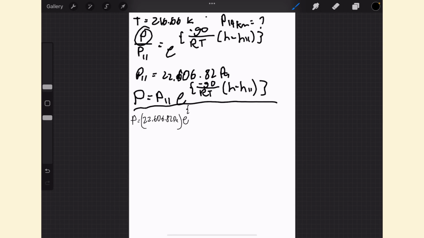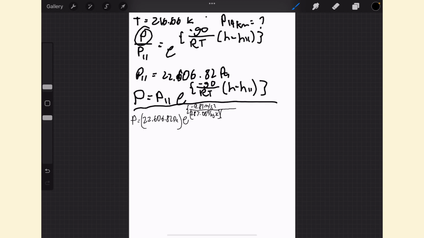Yung ating negative g0 ay negative 9.81 meter per second squared dahil ayun yung ating gravity. Ang gas constant natin na R ay equivalent sa 287.08 joules per kilogram Kelvin.